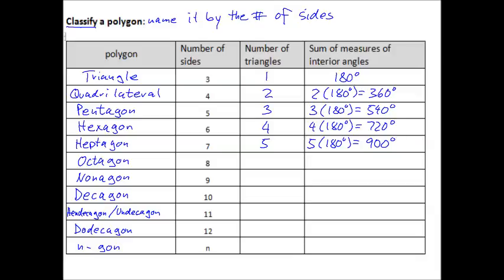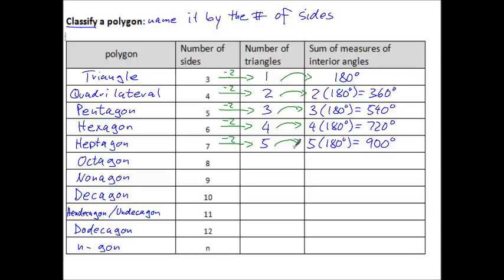And I'm sure by now you guys see the pattern, right? From the number of sides to the number of triangles, how did we get there each time? Yes, exactly, by subtracting 2. And then we take that number of triangles and multiply it by 180 each time to get to the interior angle sum.